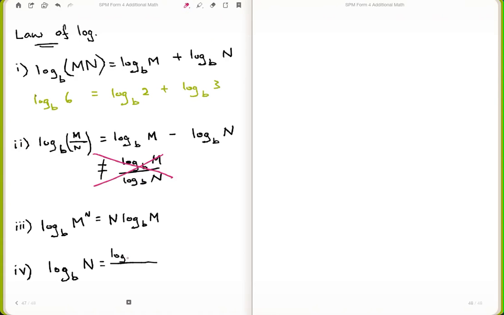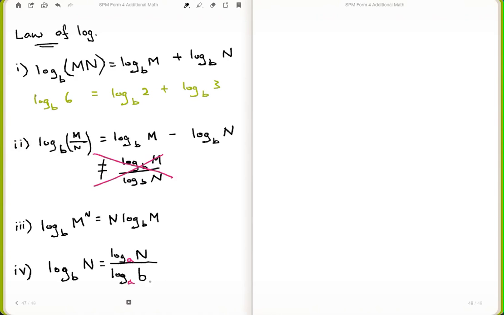The n remains on top, and the b subscript goes below, whereas the base is the new base, log a. And this is your b, the base number. Change of base.